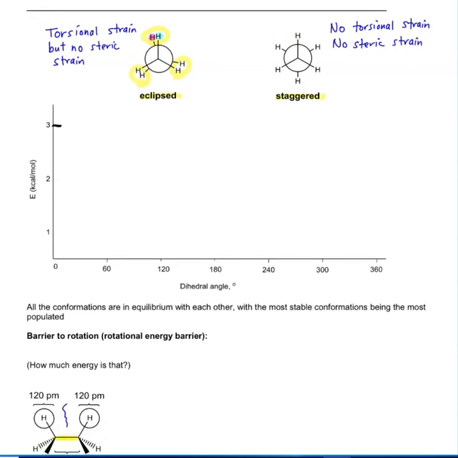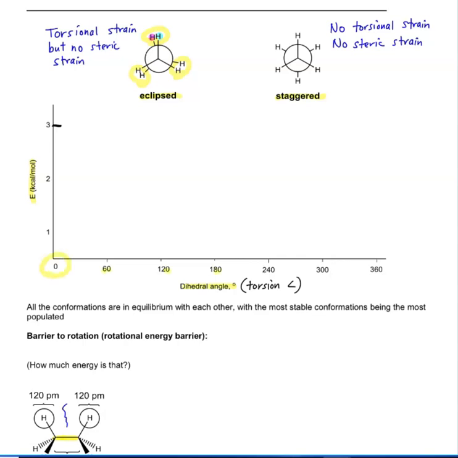First of all, notice what we're doing here as we plot this. We're plotting the strain energy in kilocalories per mole on the y-axis versus the dihedral angle or the torsion angle on the x-axis. Again, remember that we rotate around the bond in 60-degree increments, so these tick marks are all 60-degree increments.